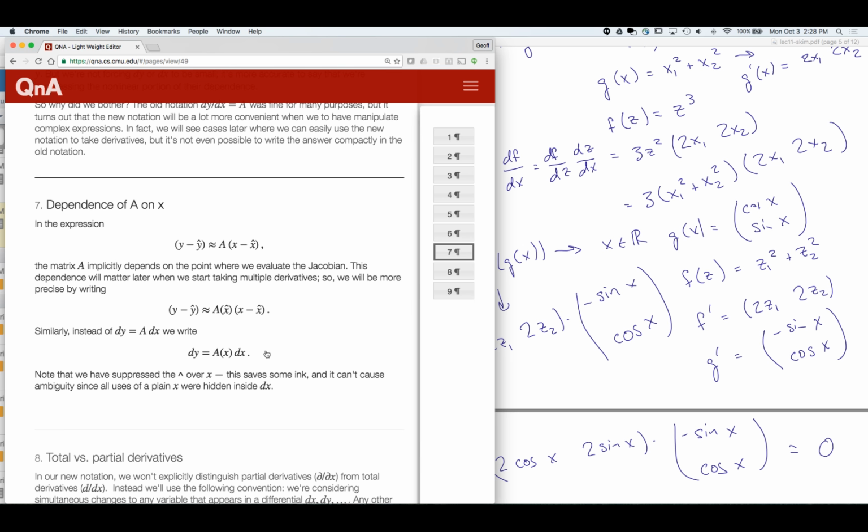And when we write that as a matrix differential expression, we write dy equals A of x dx. And that is semantically equivalent to this. The only thing is that we've saved ourselves a small amount of ink by suppressing the hat over the x. And again, you can think of that as just a matter of convention.